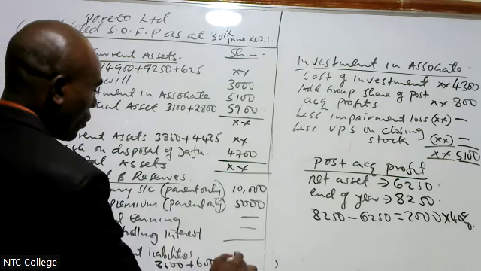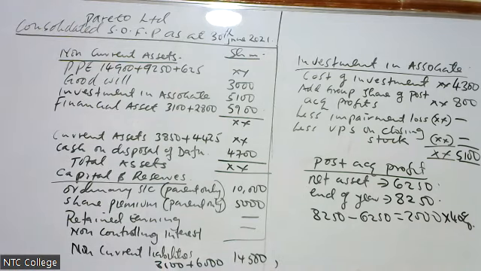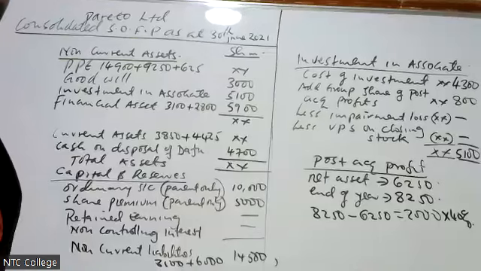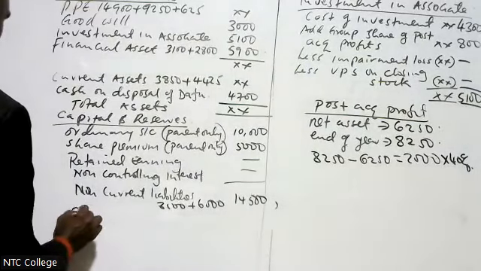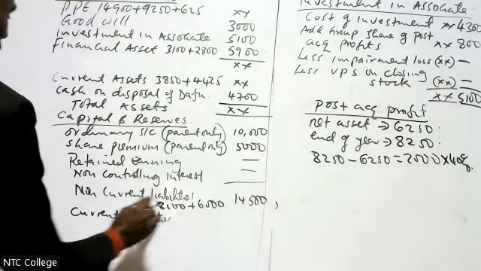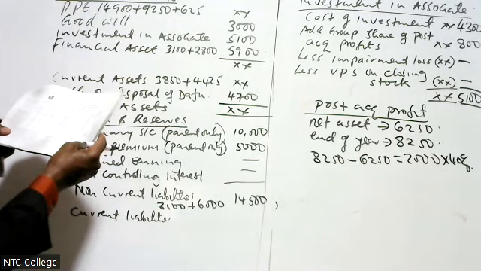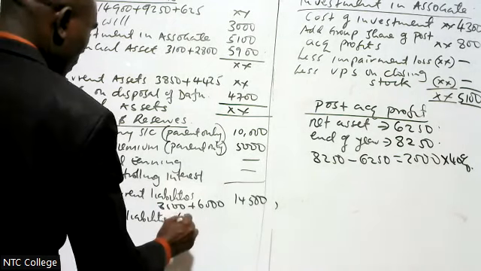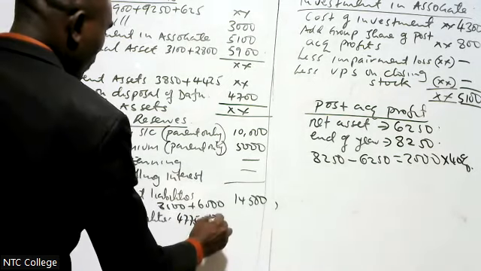That one I'll do it for you. 14,500 non-current liabilities. Then we come to current liabilities. Current liabilities is 47 plus 1725.